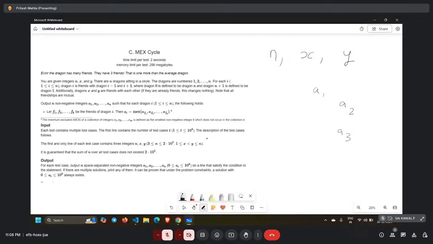So first observation, the array values can't be greater than 2. Why? Let's suppose we have 3 here, and there are only 3 friends of them.